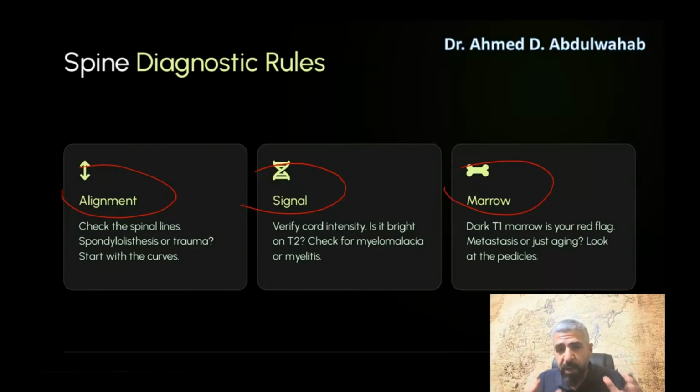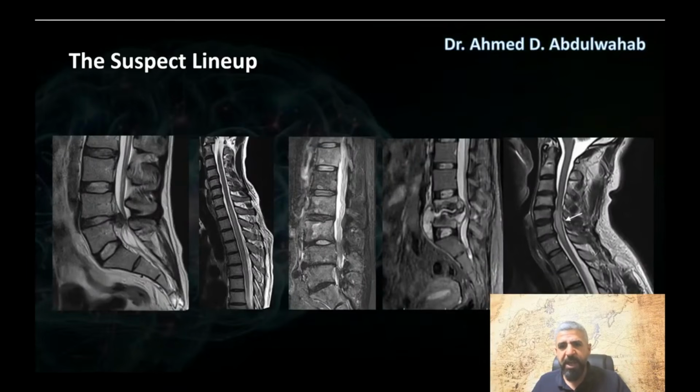Dark T1 signal of the marrow is the red flag that you should be very worried about. It can be metastasis, sometimes it can be just aging. Look at the pedicles. Okay, so the suspect lineup for today, we have these 5 suspects. Here's our heavy-hitting lineup, and let's open the first case.